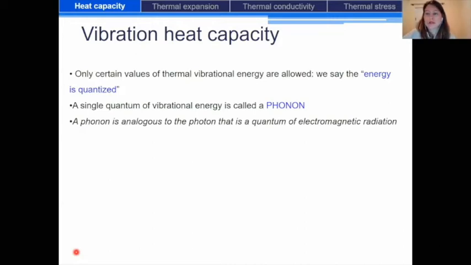When we talked about the photon, which represents a quantum of energy of light, we said that a photon can only take specific values. And here it is the same thing. When we are describing the vibrational energy, we can also describe it using a phonon, which is a single quantum of vibrational energy. So it is a phonon, and its energy is quantized. It can only take some values for a specific material.